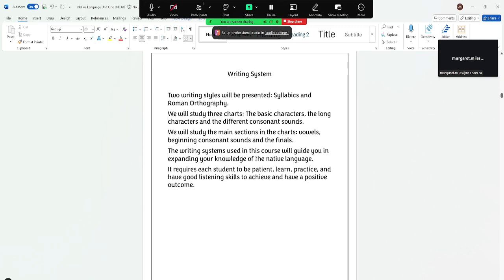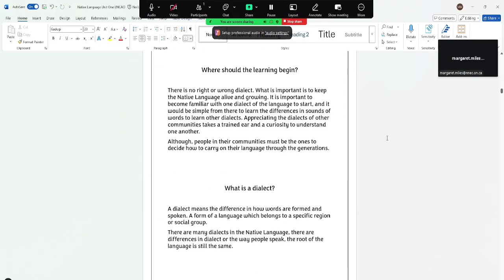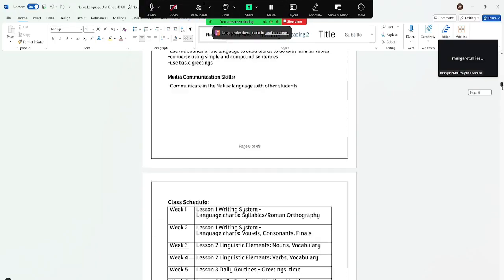So the more you practice writing in syllabics with the help of your chart, the better. You can print this out when you're doing the exercises. You can print out the chart to help you.